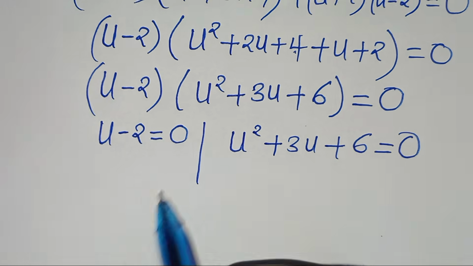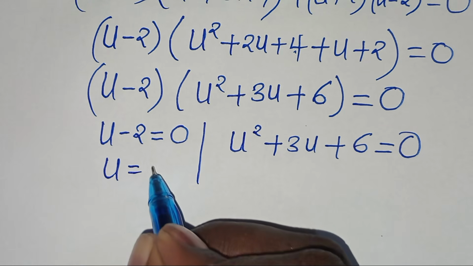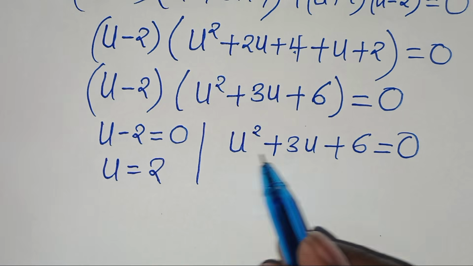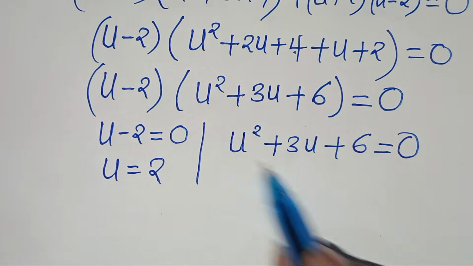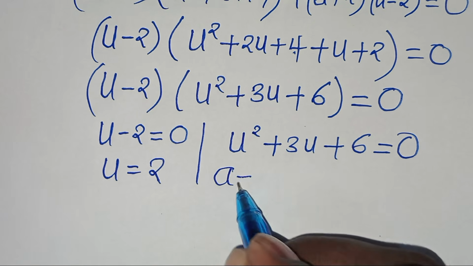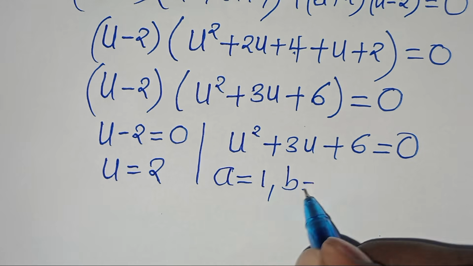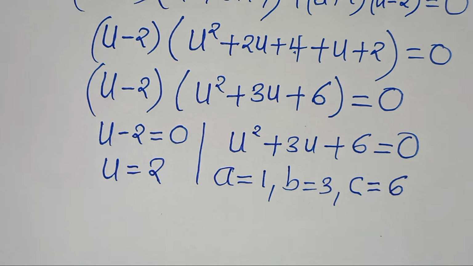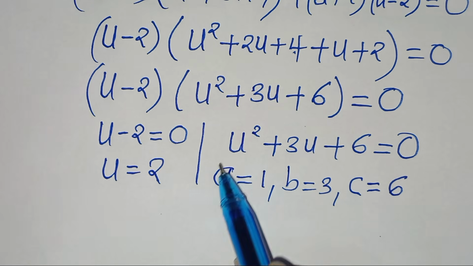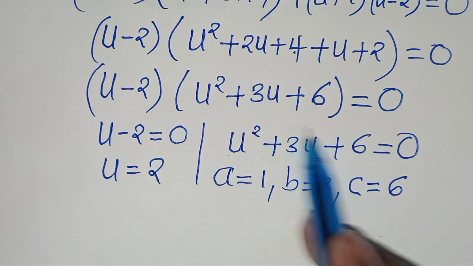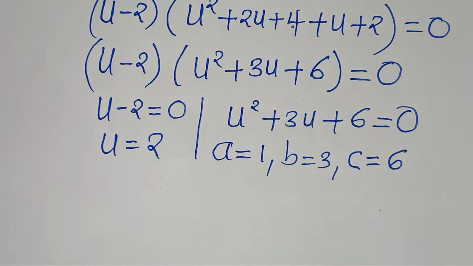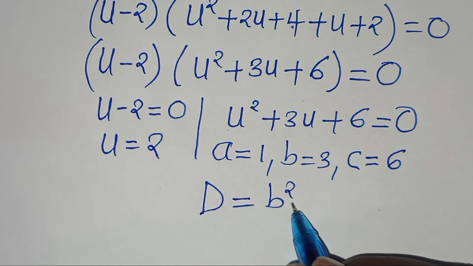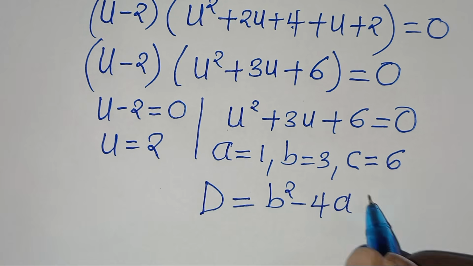From the first part here, we have that u is equal to 2. Now, the second part is a quadratic equation where A is equal to 1, B is equal to 3, and C is equal to 6. Now, let's assess the nature of the roots of this quadratic equation by determining the discriminant value, which is B squared subtract 4AC.